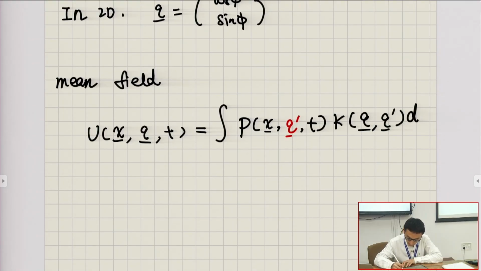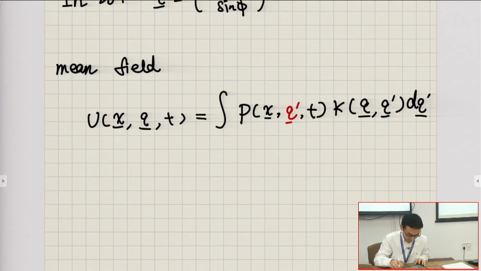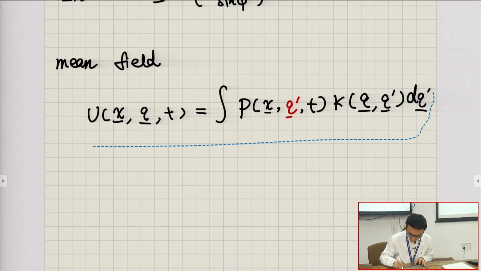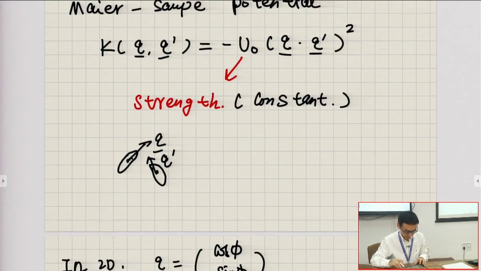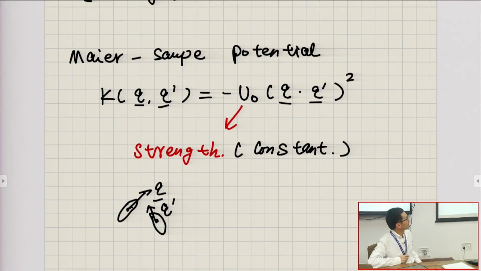This is in the same spirit as how we did the flow. K is the two particle interaction potential, essentially, and what we want is a mean field representation.